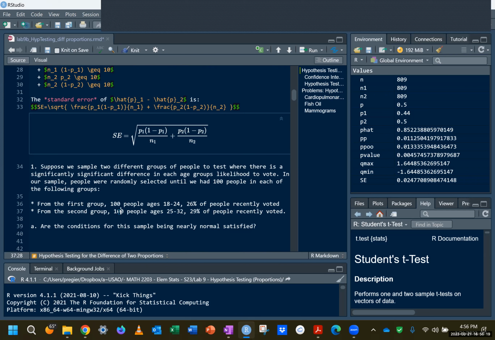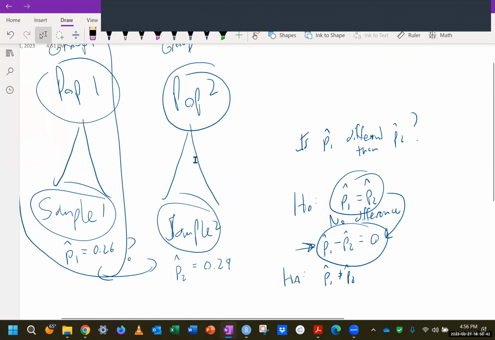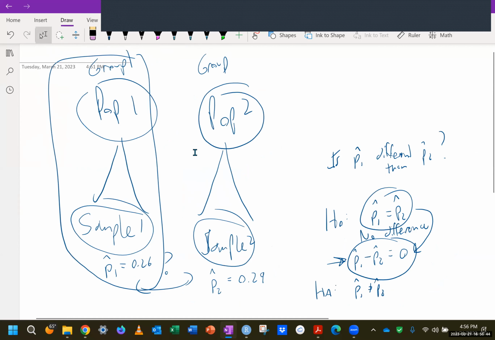And of the second group, 100 people as well, a higher age group, 29% voted. So you see here's our two groups. Group 1, Group 2. One group sampled 26%, another group sampled 29%. Is this difference significant? I really don't know without doing a test.